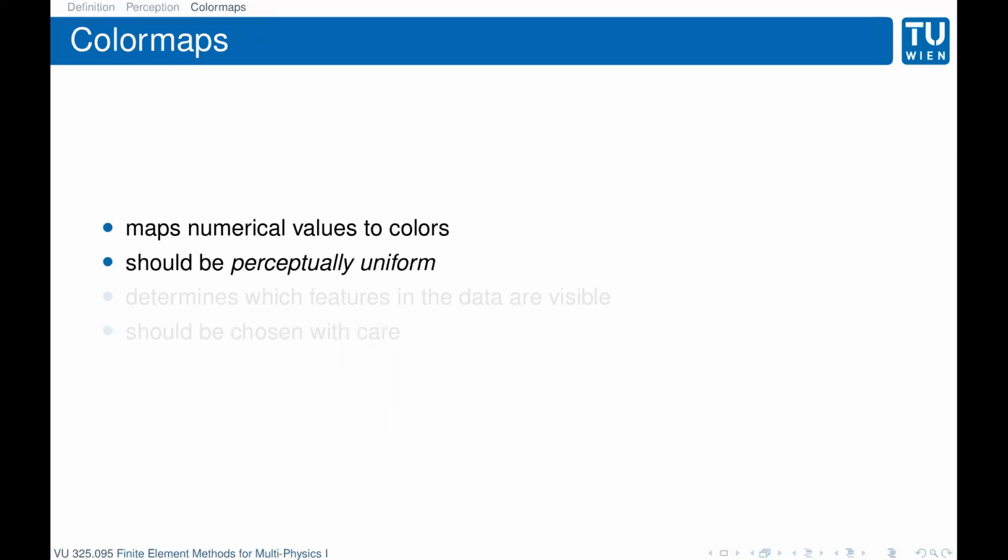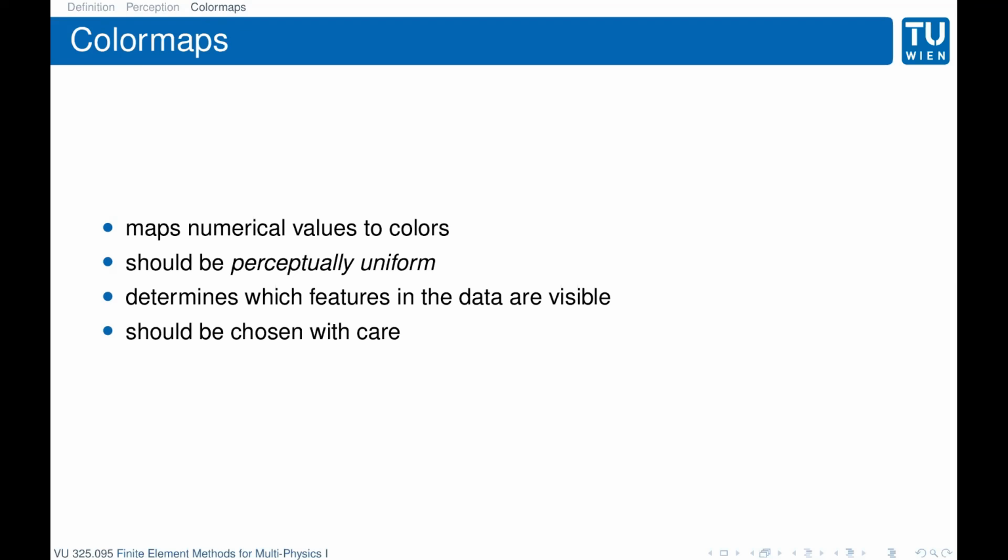That means we can really map our perception to a numeric value of the data. And the choice of color map clearly determines which features are visible in the data. So they should be chosen with care, such that we actually use them to visualize what needs to be shown.